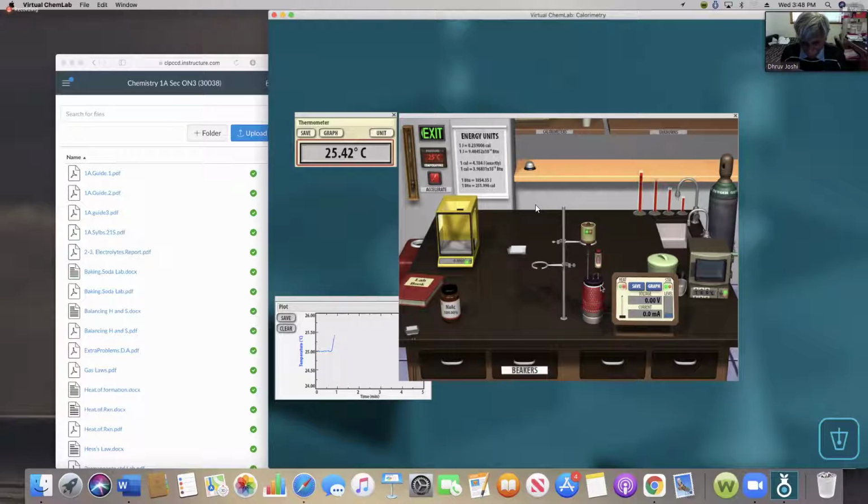Now this one is an exothermic reaction. That was an endothermic reaction. This is exothermic.